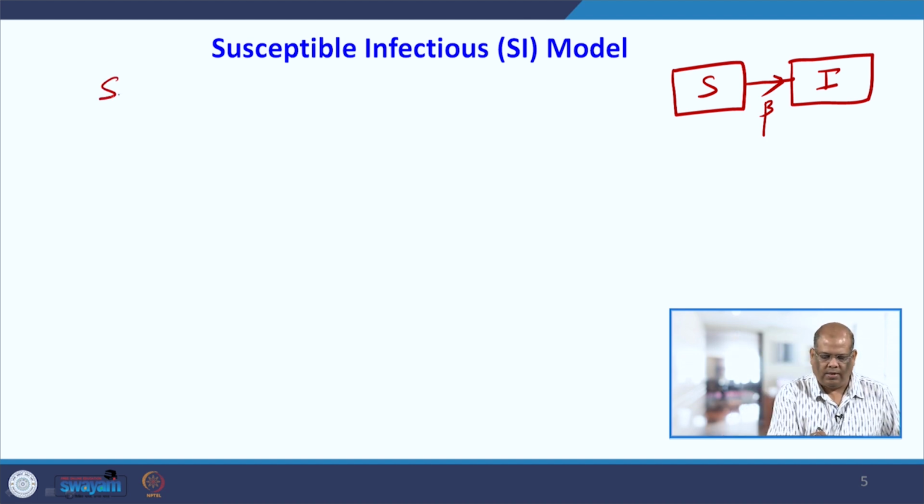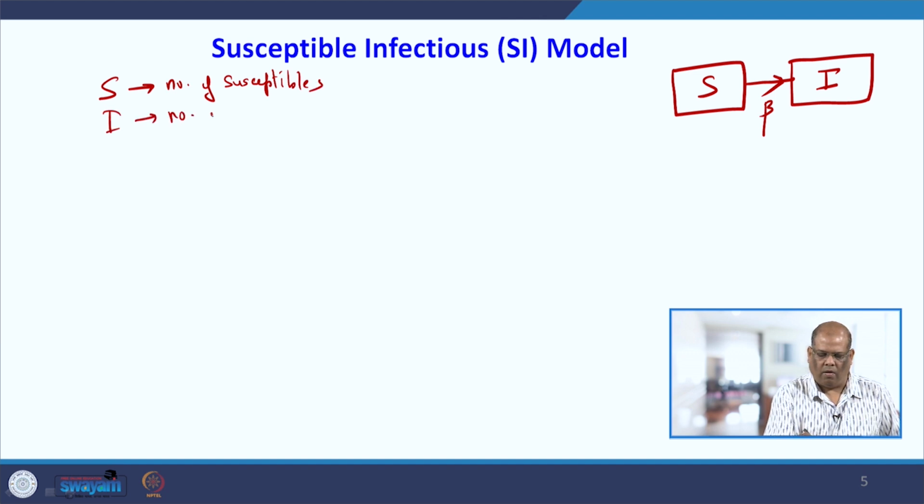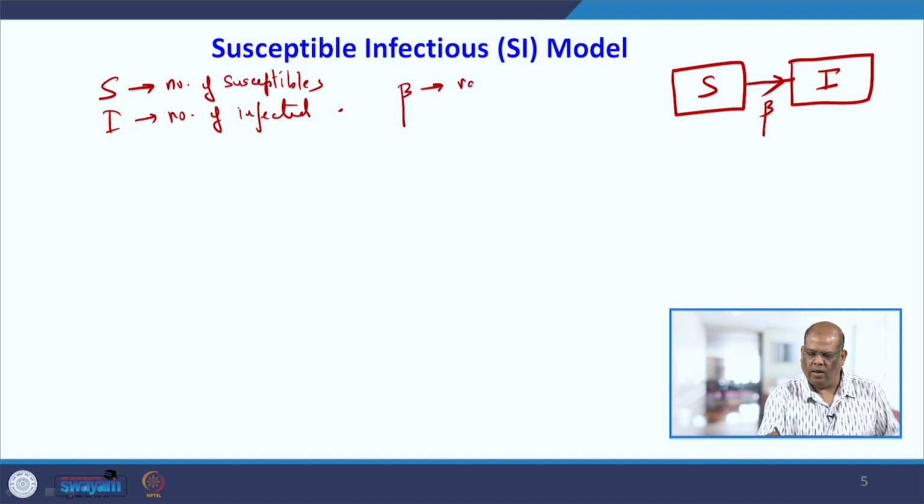Let S be the number of susceptible and I the number of infected, and beta the rate at which a person gets infected.